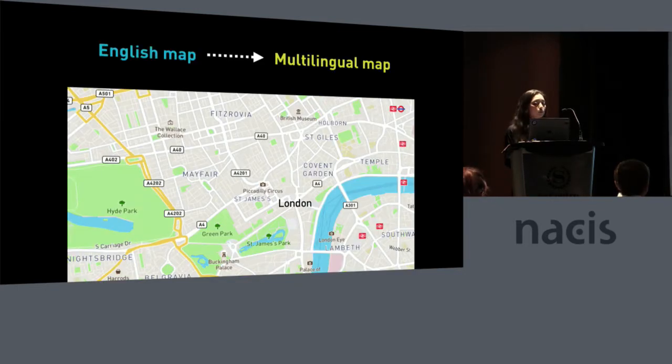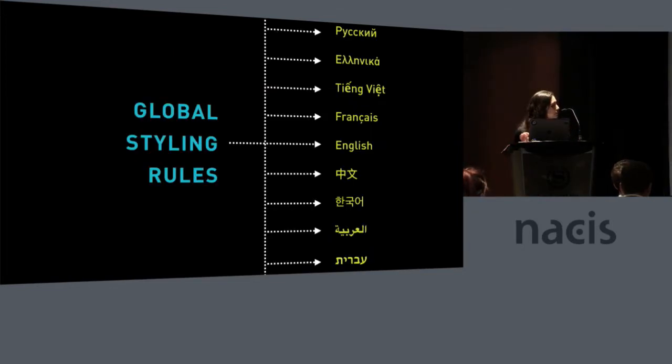At Mapbox we have in production an English label map predominantly. And so the text styling here was mostly designed for English. I'm going to go over a couple of considerations in redesigning this map to better support multilingual maps. This is tricky because we apply the same global styling rules to all languages.